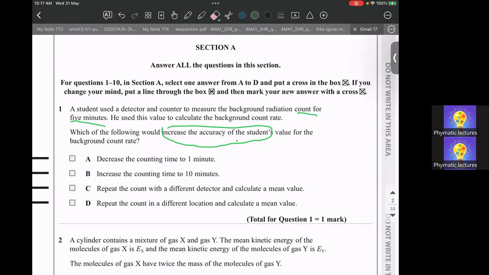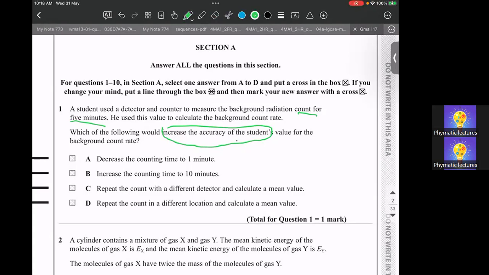That is wrong. Then what about repeating the count with a different detector and calculating a mean value? That will not make any sense. Whatever the detector, if you want to increase the accuracy of the background count rate, you should increase the time. Repeat the count in a different location and calculate the mean value. That also does not make any sense because that will decrease the accuracy.